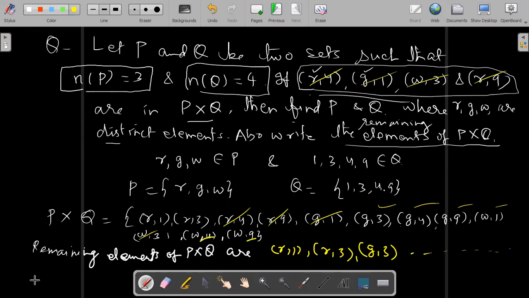Now, graphical representation of the Cartesian product of two sets. How to graphically represent the Cartesian product of two sets?